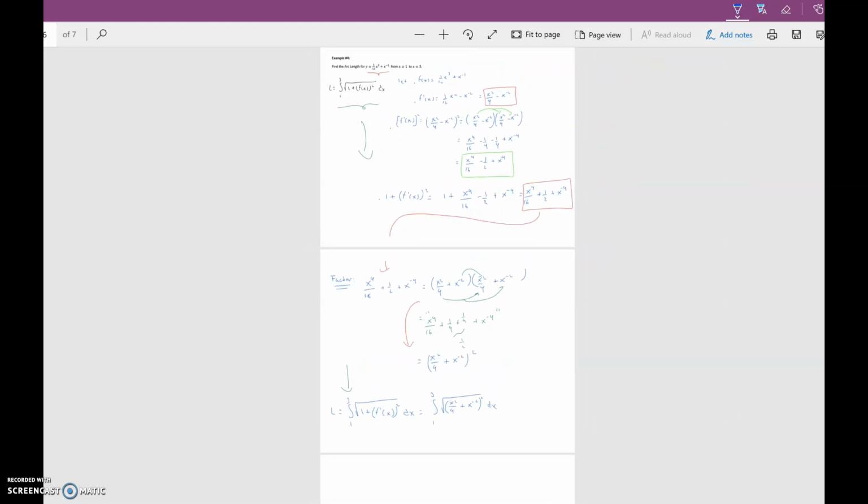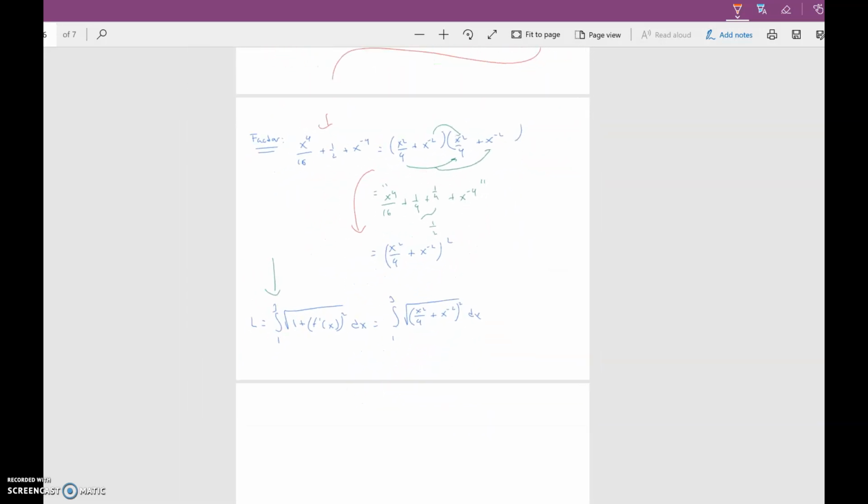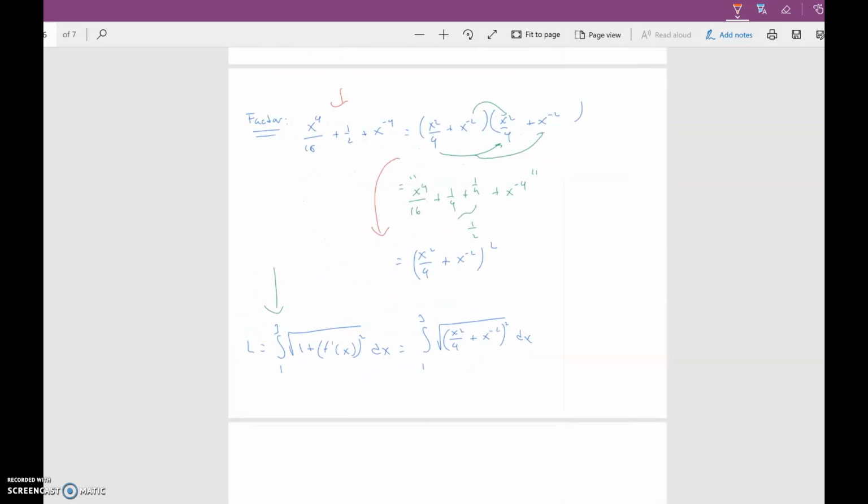Some weird factorization that is going to occur as you add the 1 to the actual derivative squared, which in this case works out very nicely, although it's going to be a little bit messy with the fractions.